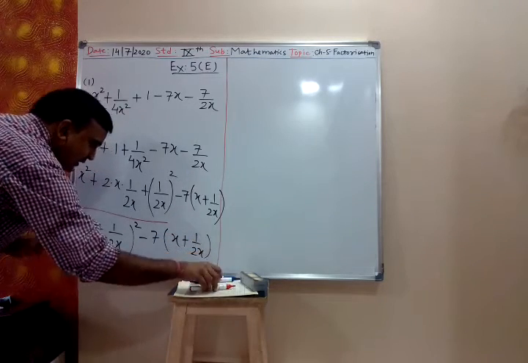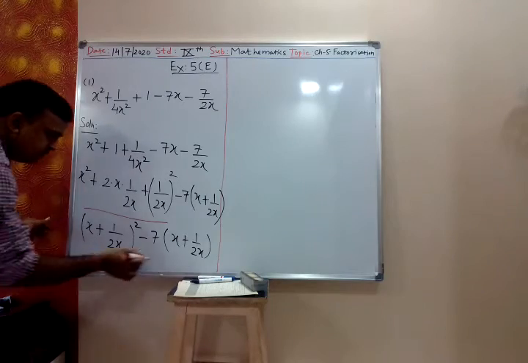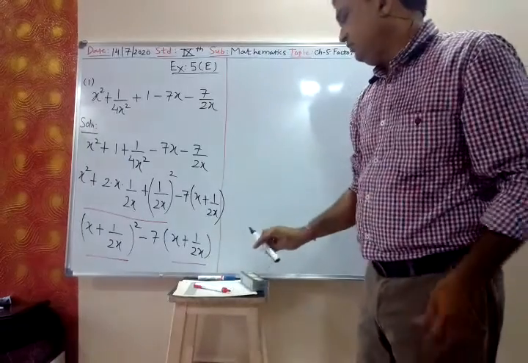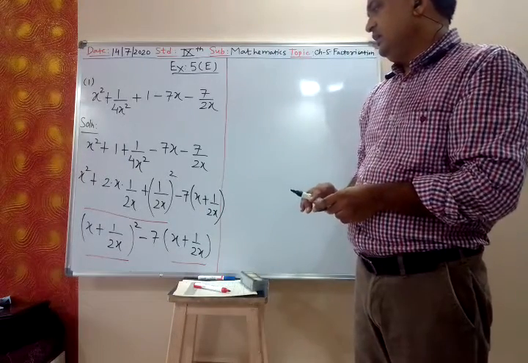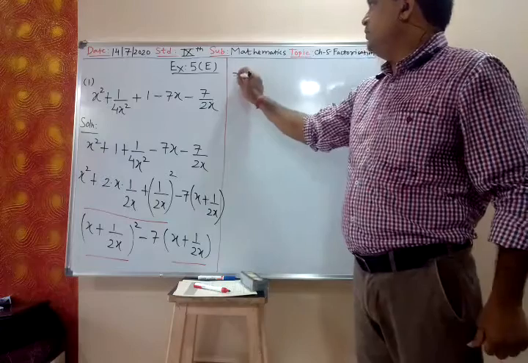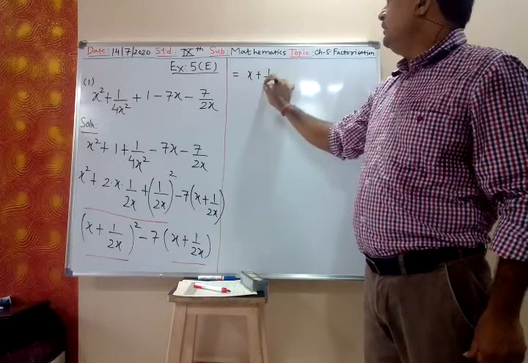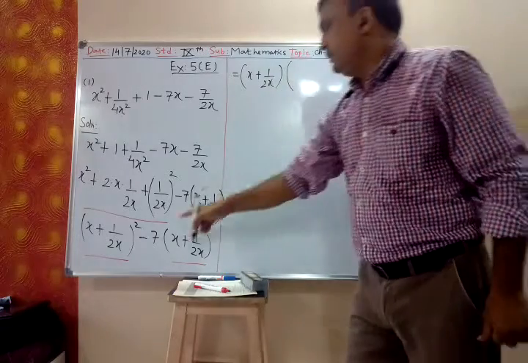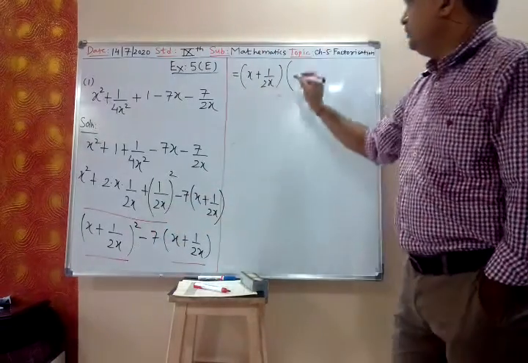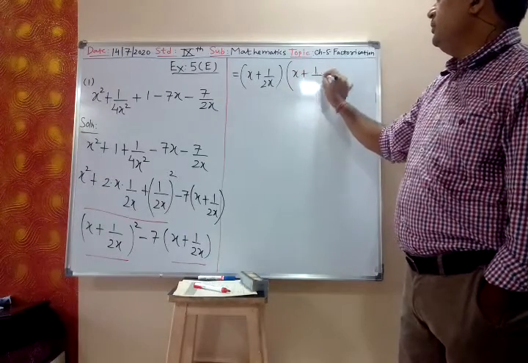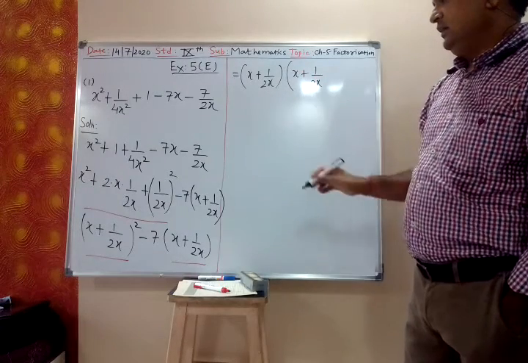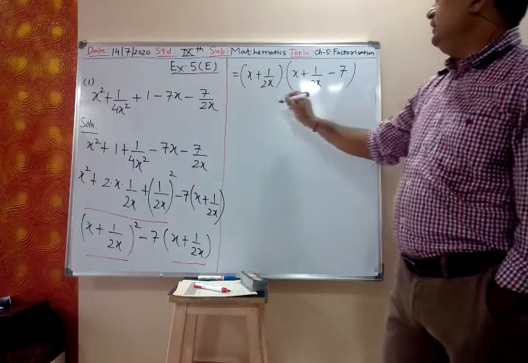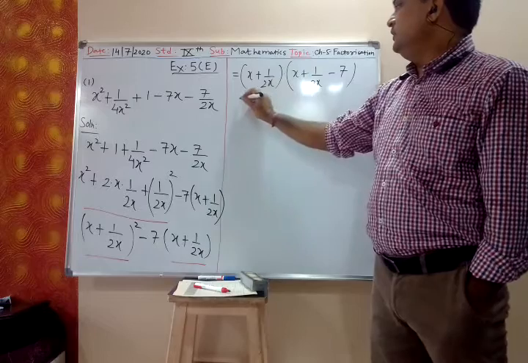Now x plus 1 upon 2x I will take common. So from the first, what is left? It is square, so one x plus 1 upon 2x will be left. Then minus 7. And this is the answer. This is our final answer.